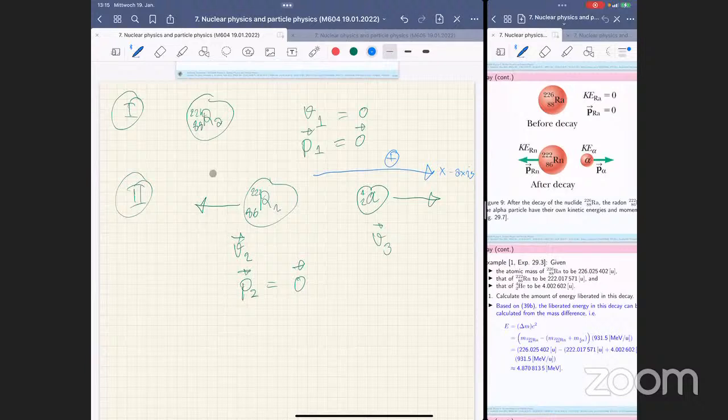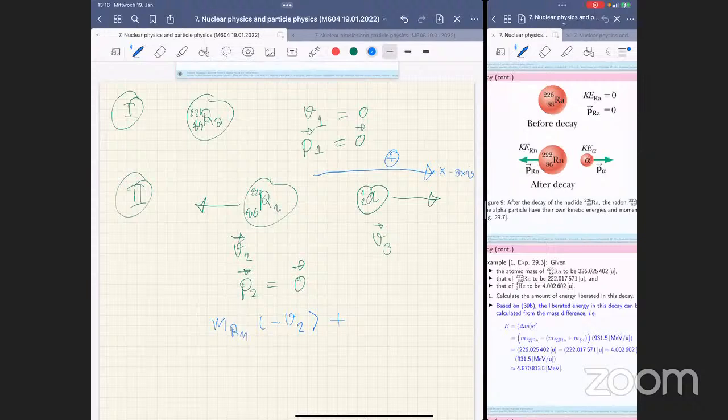Once we write it down, the momentum here is going to be m radon times minus V2, right? The absolute value is always positive, but once we take care of the direction, V2 is going to be negative because it's pointing in the opposite direction to the positive x-axis.